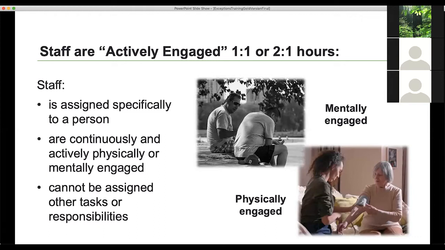This means I'm not cooking dinner and also considering myself mentally engaged for that one-to-one support. I'm not responsible for household maintenance activity, or I don't have an ear out for another household member. I'm on, and my job is supporting this individual, and that's really all I can do because of the intensity of support needs.